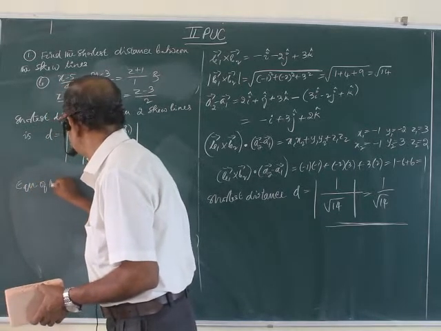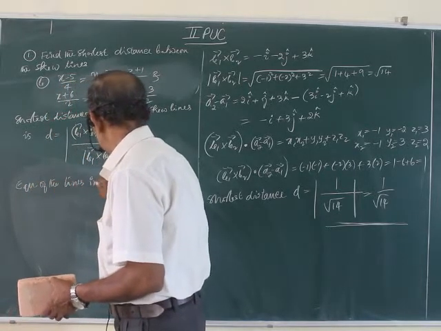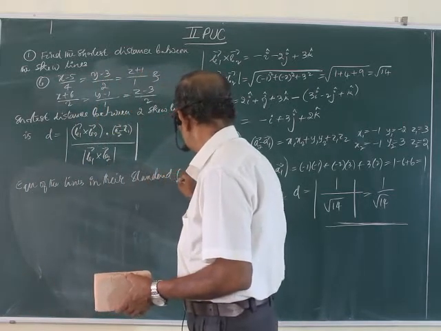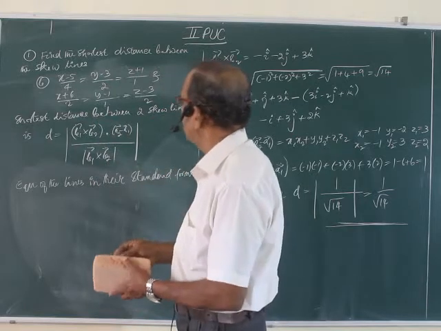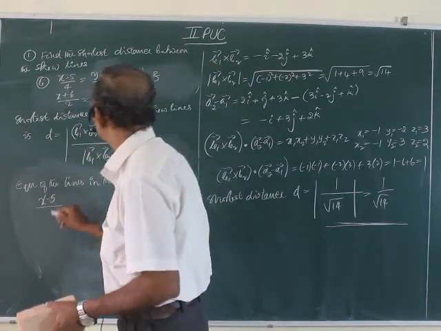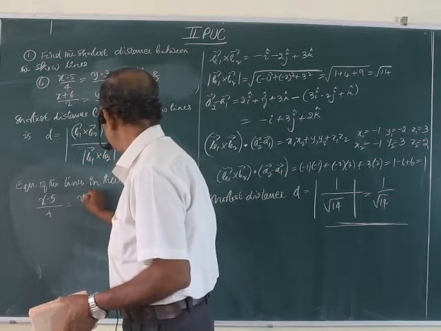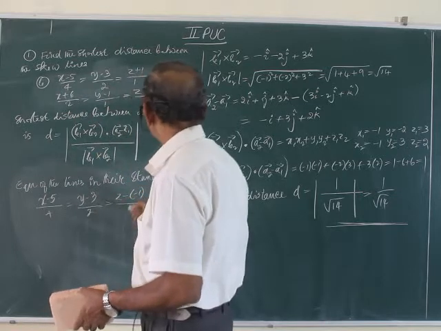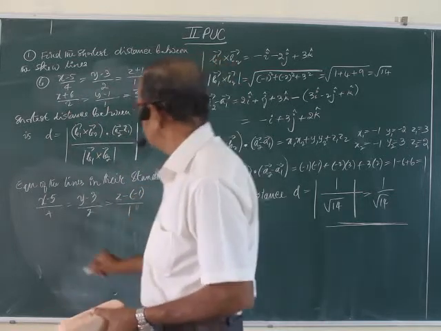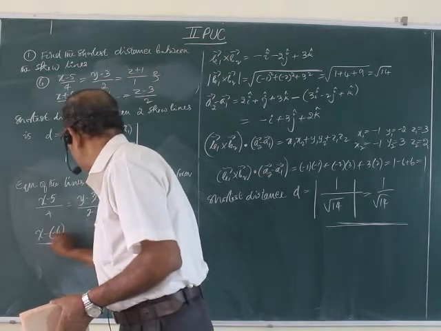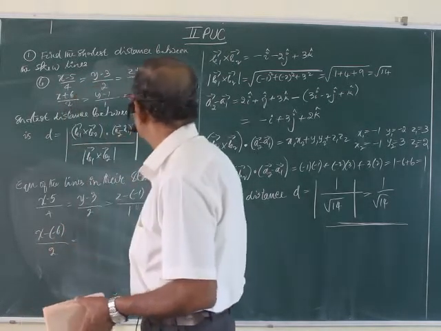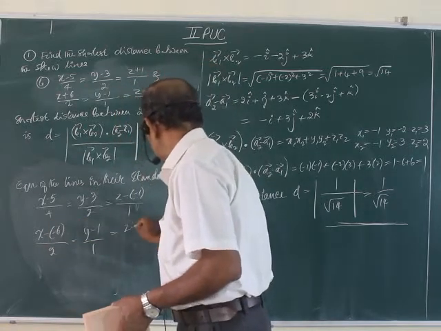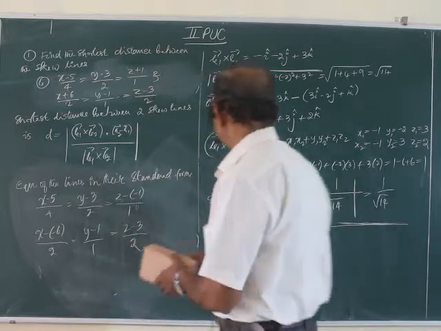Equation of the lines in their standard form: x minus 5 by 4, y minus 3 by 2, z minus of minus 1 by 1, and x minus of minus 6 by 2, y minus 1 by 1, z minus 3 by 2.